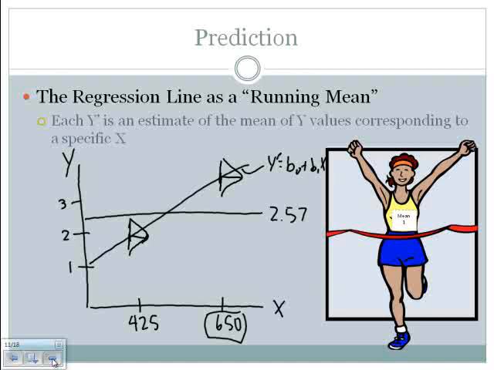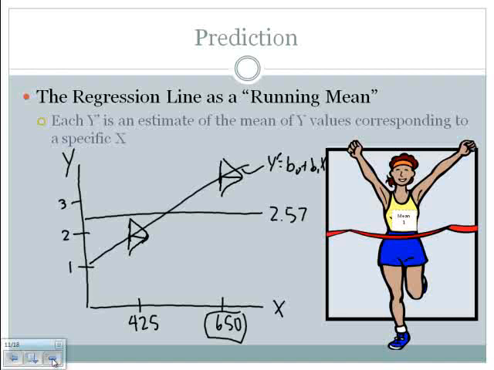Okay, so that may be something that you need to spend some time letting soak in, because what we're saying is that unless r is equal to 1, if someone scored 650, we would predict a y prime of 3.1, but that's just the mean of all the possible scores.